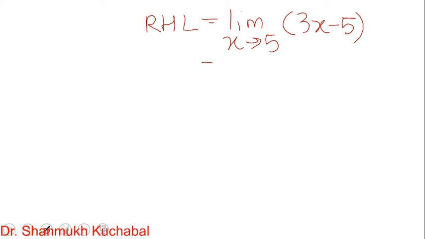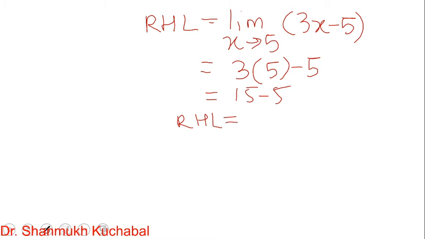Now wherever x is there you replace it by 5, so it is 3 into 5 minus 5. Simplifying, 3 fives are 15 minus 5, so we get RHL as 10. We call this equation number 3.